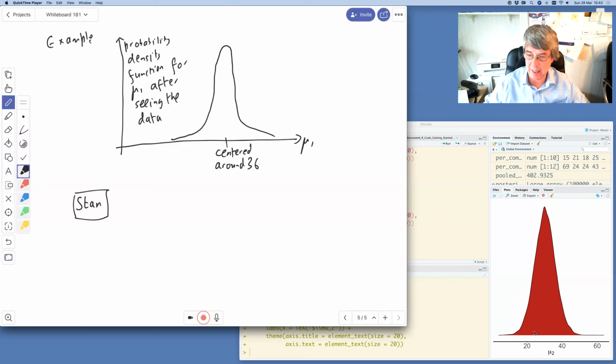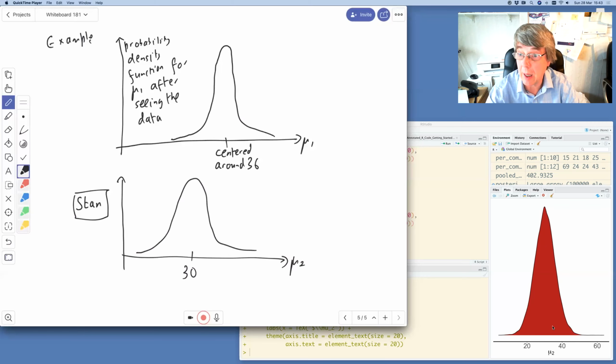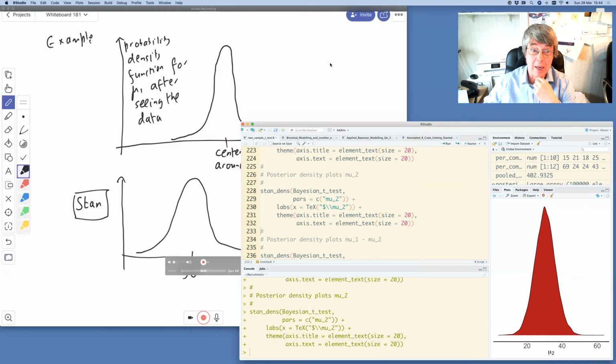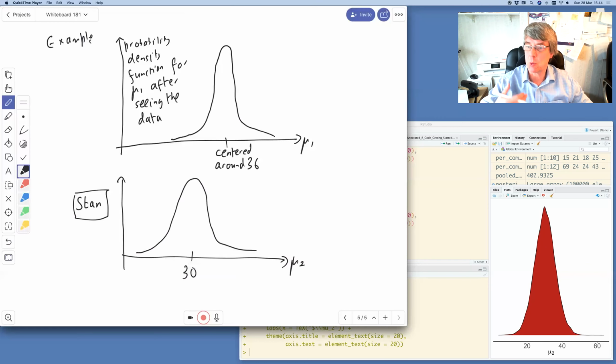As I said, we can get a similar plot for mu2. The equivalent one is slightly lower down, and it's centered at around 30. Well, that's nice, but we can do even better, because in fact what STAN allows us to do is express our beliefs about combinations of these parameters after seeing the data.